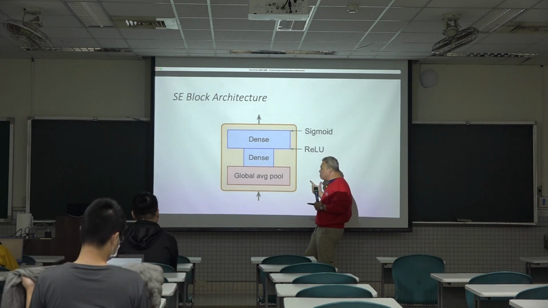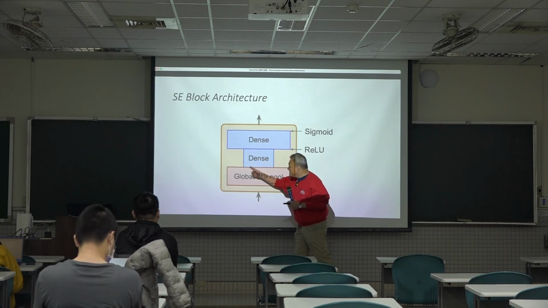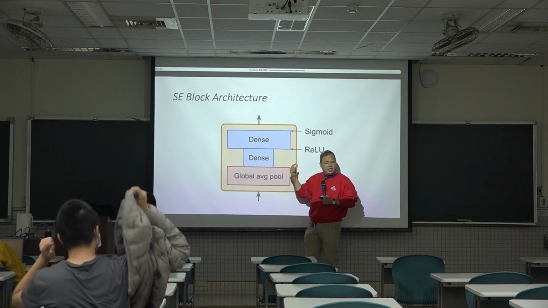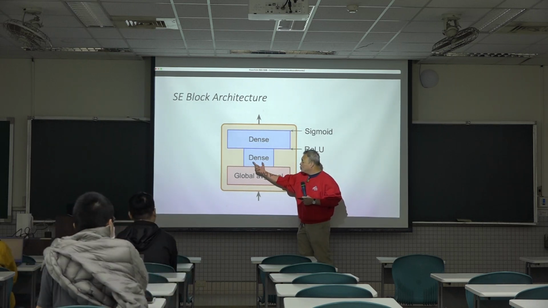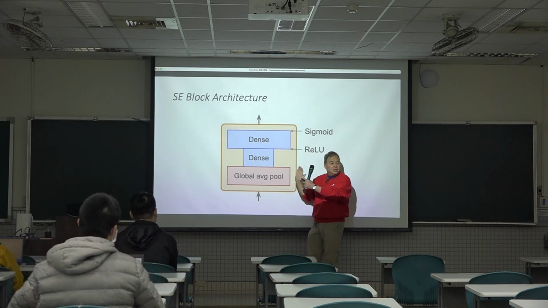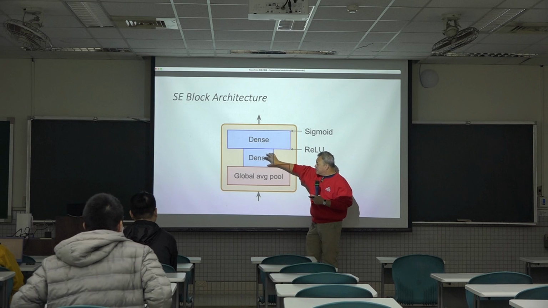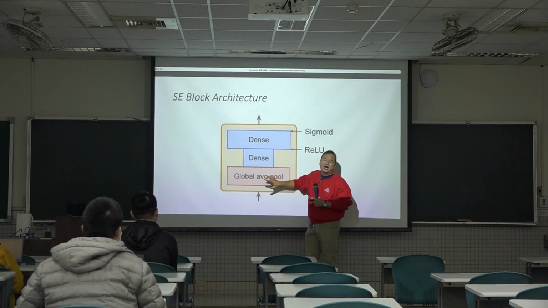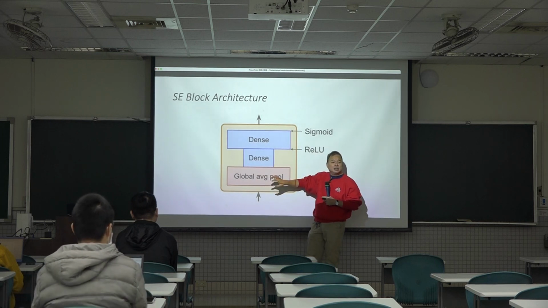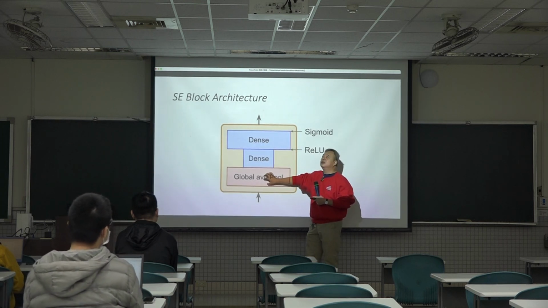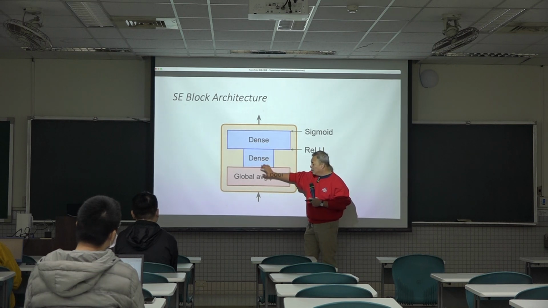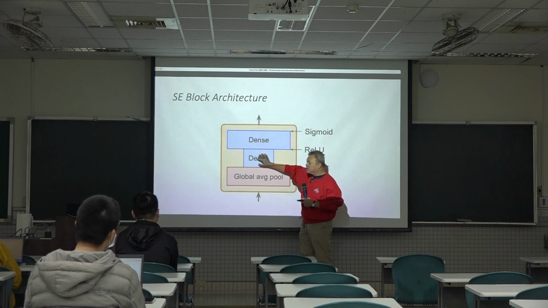This information is going to go through this dense layer, and you can see that we intentionally drew this layer much narrower. This layer is normally 16 times smaller than the previous layer. If this is 128, divided by 16, it's going to be 8. If it's 256, then this one will be 16.